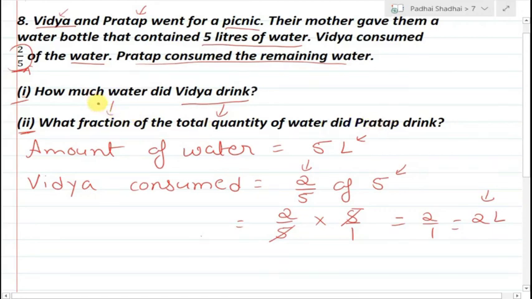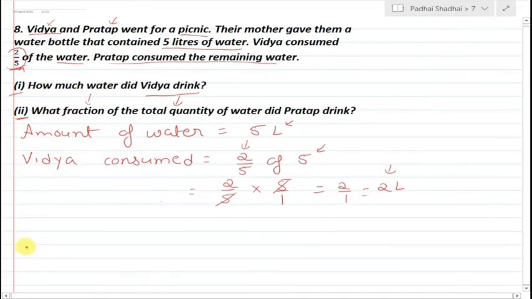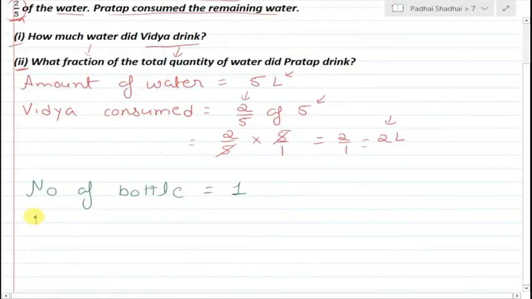So we will get the amount consumed by Pratap. Pratap consumed is equal to 1 minus 2 by 5 part.